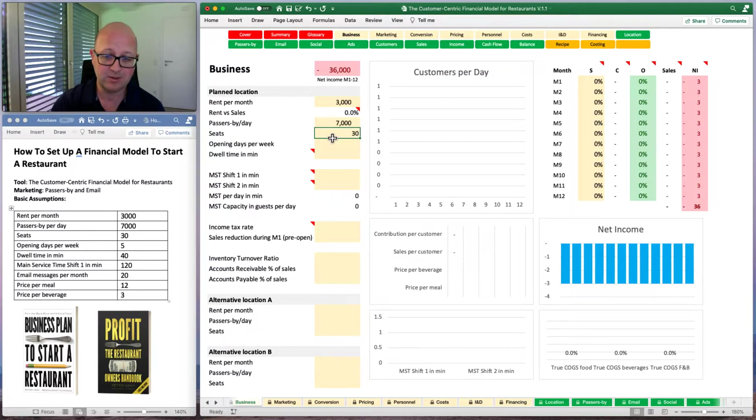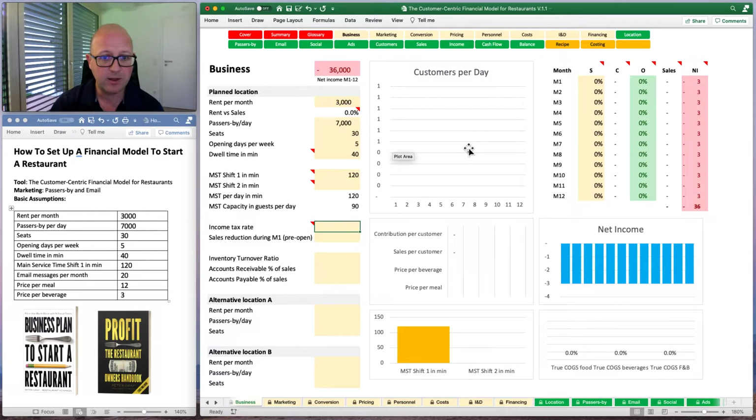So the system knows if you have 30 seats, you can only make the maximum sales for 30 seats, and the system also calculates this cap of maximum sales. We will see this later. So opening days are 5 per week. The dwell time we decided is 40 minutes on average, and the main service time is 120 minutes. So shift 2 we leave blank for now.